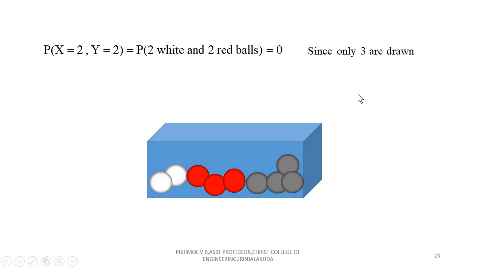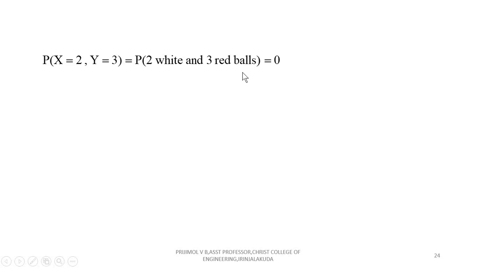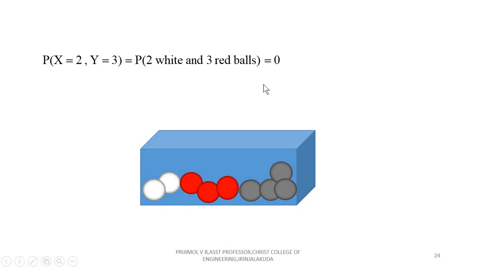Therefore the probability is 0 because it is an impossible one. Probability of x equal to 2, y equal to 3, that is here the total of 5 balls are taken, so the probability will be 0 because from this box we have taken only 3 balls.